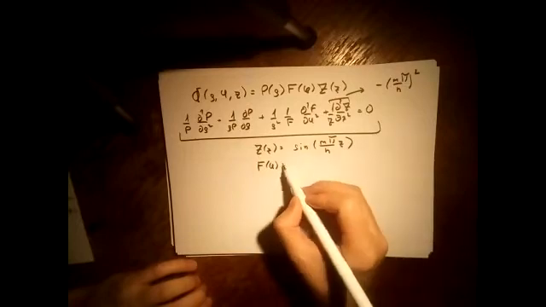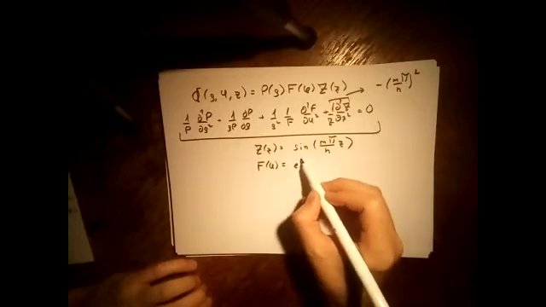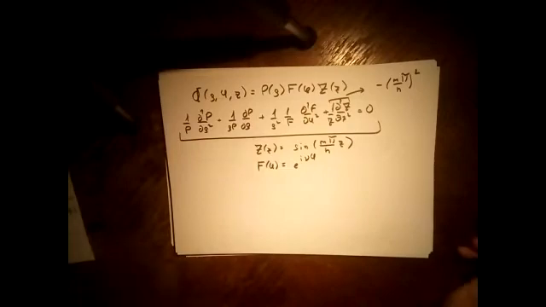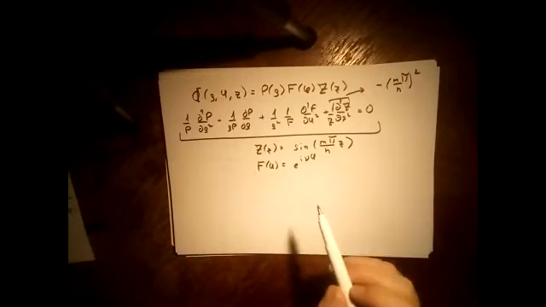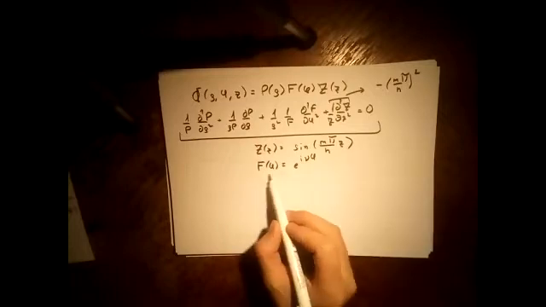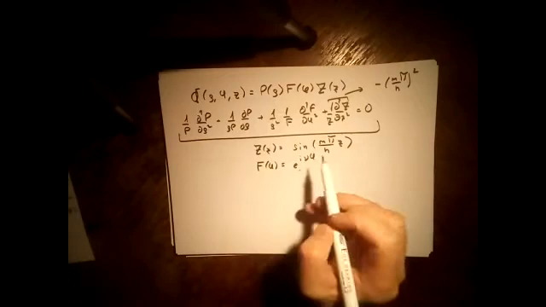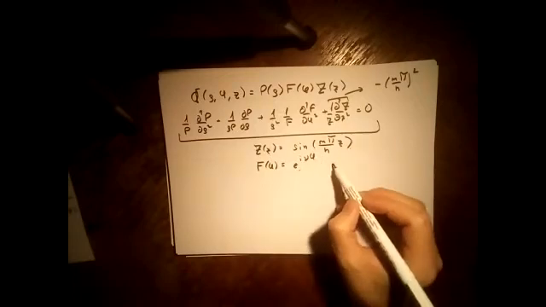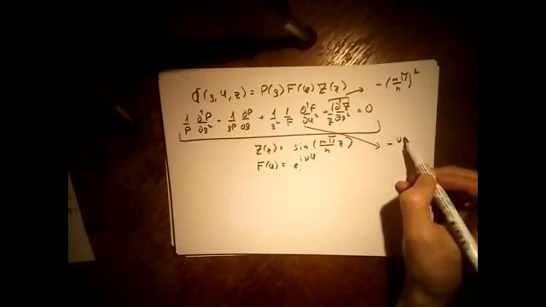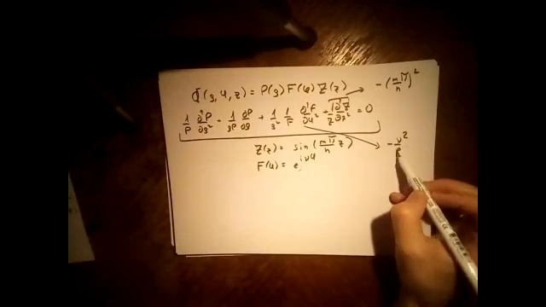Then the other thing is that we have to do something with F(phi). We're going to take F(phi) to be e to the i nu phi, because we are working in a cylinder, and this obeys the rotational symmetry of the cylinder. And that makes this term become minus nu squared over rho squared.